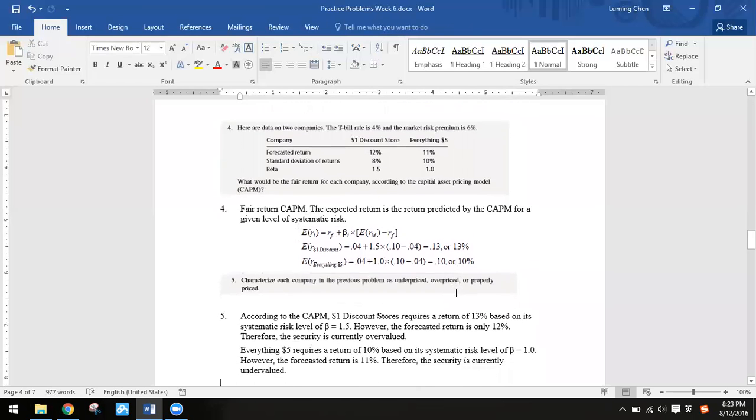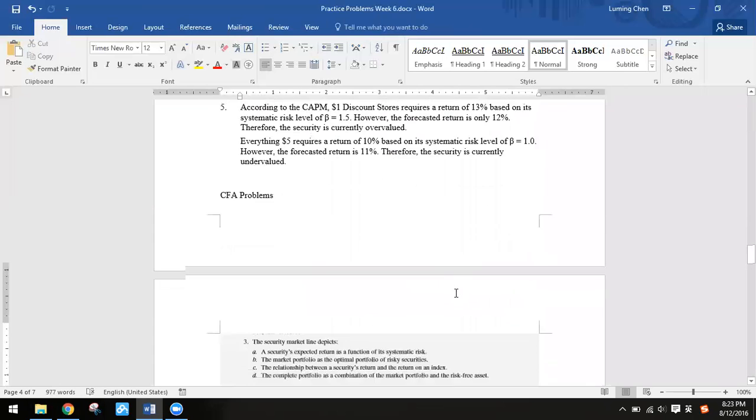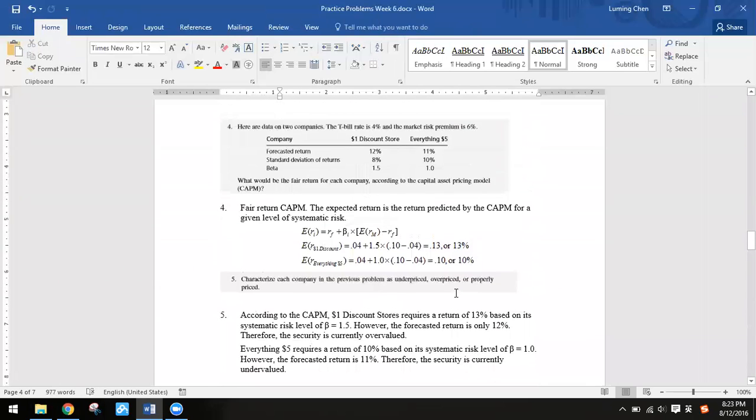Number 5, characterize each company in the previous problem as underpriced, overpriced, or properly priced. So if it's underpriced, it means that the CAPM return is lower than the forecasted return.